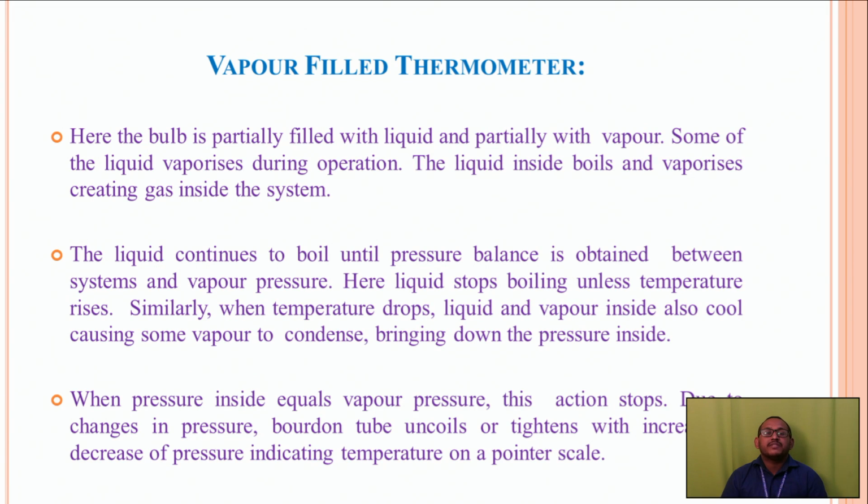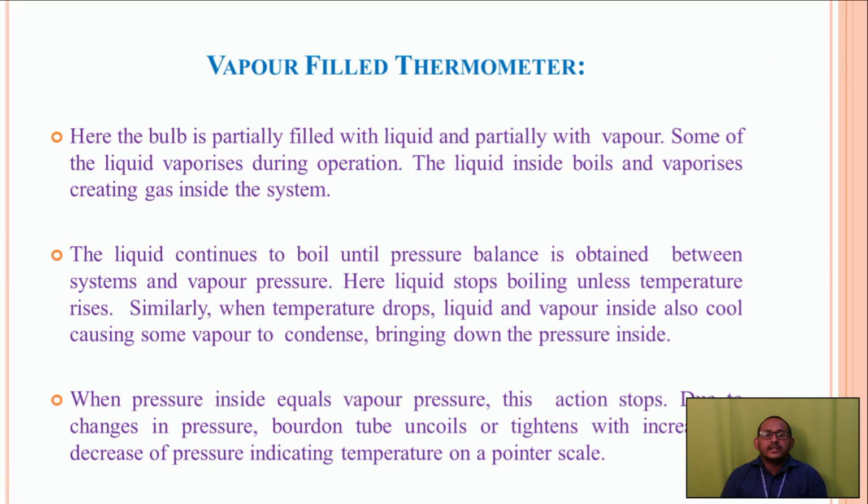Here in the vapor filled thermometer, the bulb is partially filled with the liquid and partially with vapor. Some of the liquid will vaporize during operation, that means based on the temperature rise, some liquid will get vaporized. To overcome that issue, we go with this vapor filled thermometer.